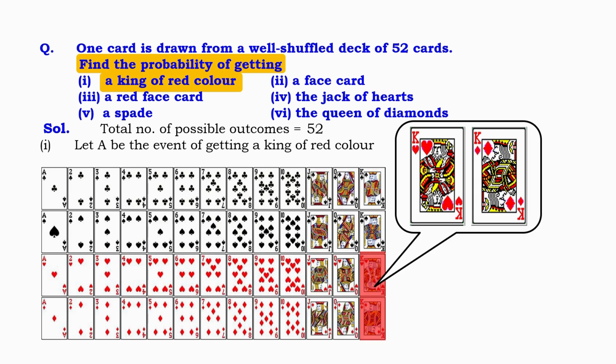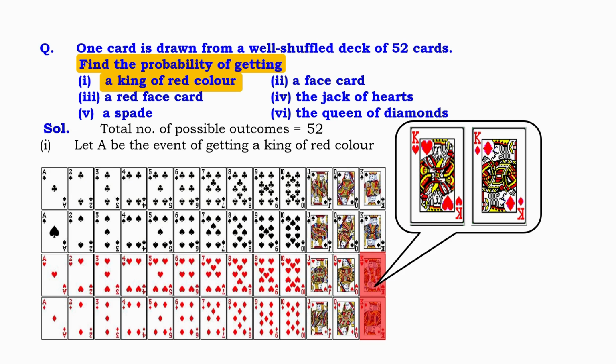Now if we divide, there are 4 groups in the cards, right? One is diamond, one is heart, another one is spade, and the final one is club. The bottommost one is the diamond, which is a red color card.